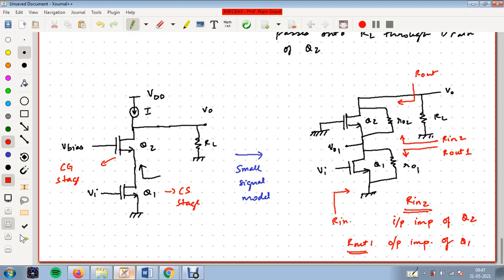That is why I need to calculate Rin2 and Rout1. This we'll see in the next class.